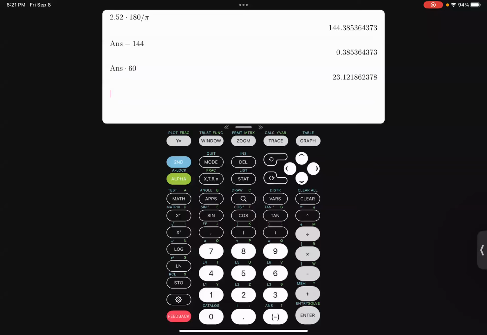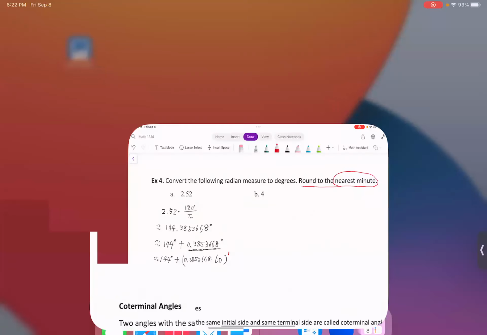What do I have? It's 23.1218 something. But the question says round to the nearest minute. That means I don't need to have decimals. I only need the integer. That is 23. The digit after 3 is 1. It's too small, so I ignore it. So I have 23 minutes.